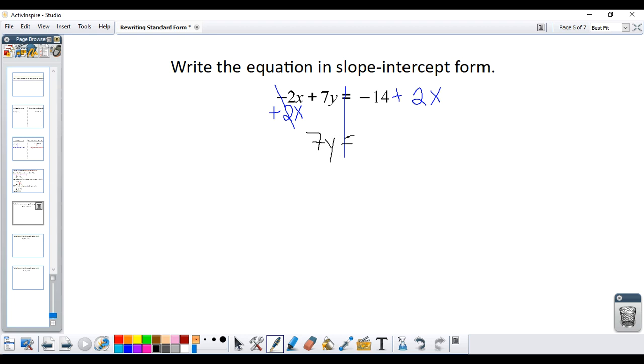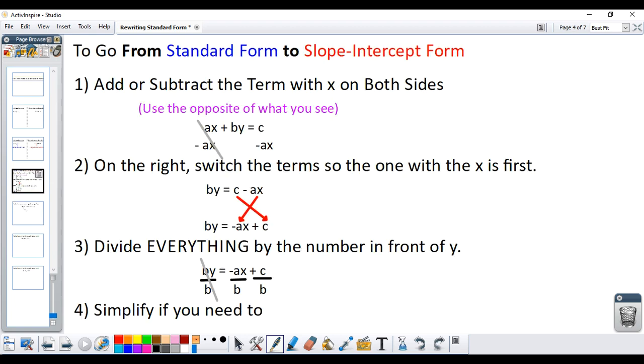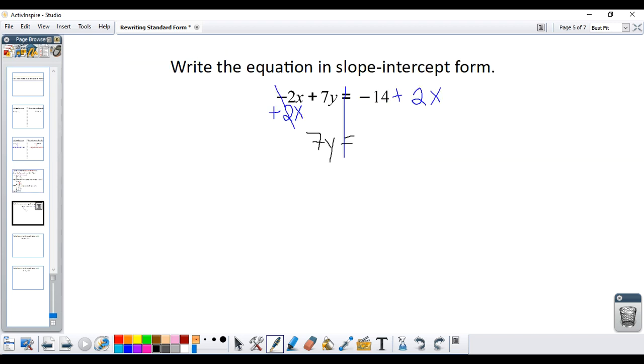equals. And then before I rewrite this next part, I suggested in step 2 that we switch the terms so that we have the x first, so that you know that your m is in front. So I'm going to take that 2x and move it to the front, and take that negative 14 and move it to the back, so that I now have 2x and then minus 14.